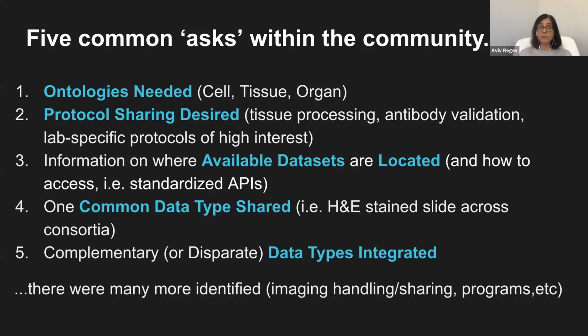And at the same time, to be able to integrate or complement different types of data computationally, which is a big challenge for our algorithm experts. Now, there were many other areas that were identified. People talked about how we would handle images and share them, how we would need gene programs in order to interpret things, and there were many other areas as well. Next slide, please.